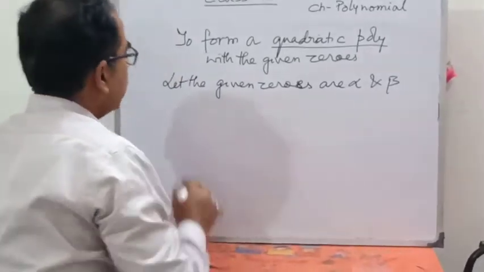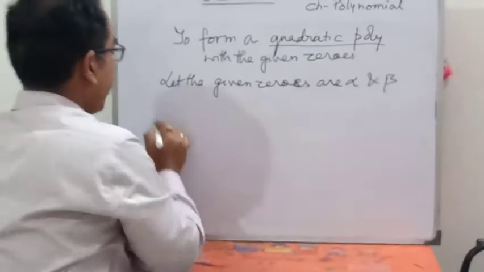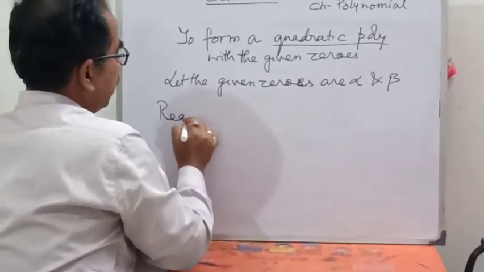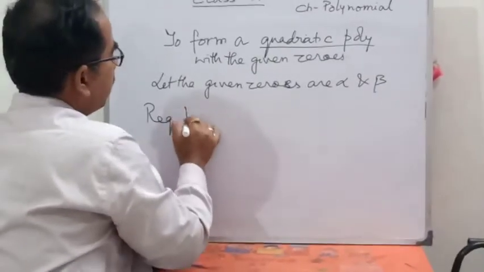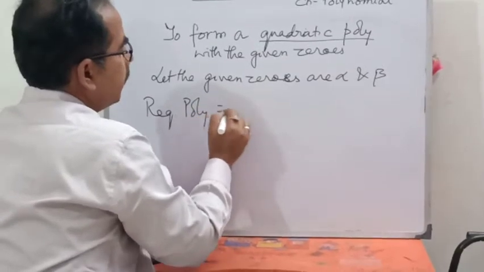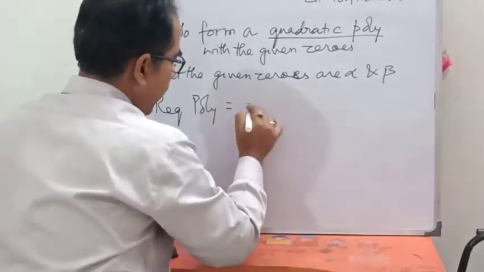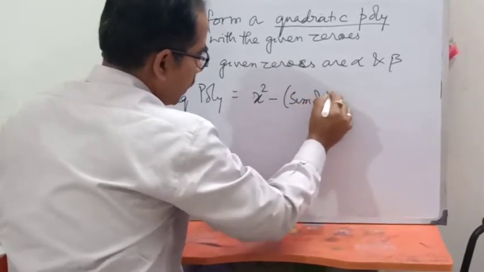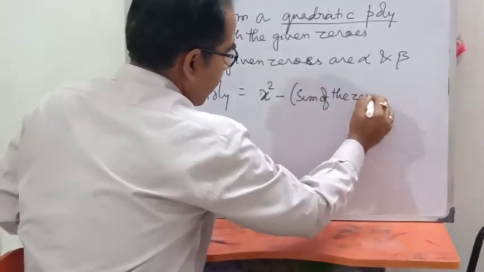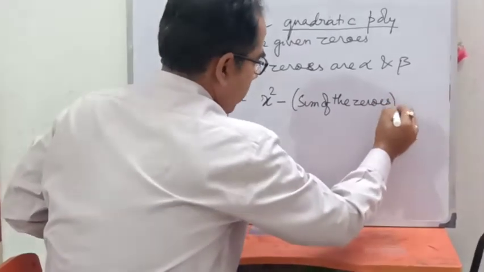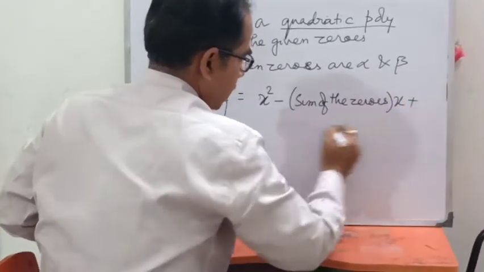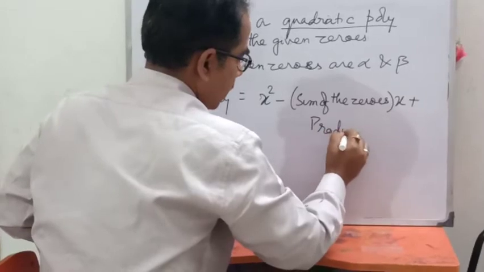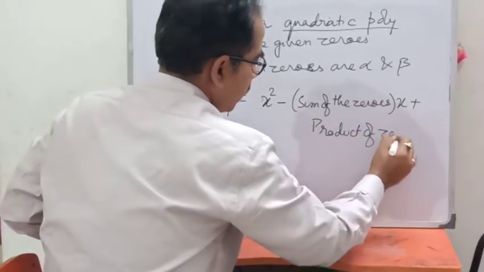Then what it will be? The required polynomial will be, note it down here, nothing but x square minus sum of the zeros multiplied by x plus product of zeros.